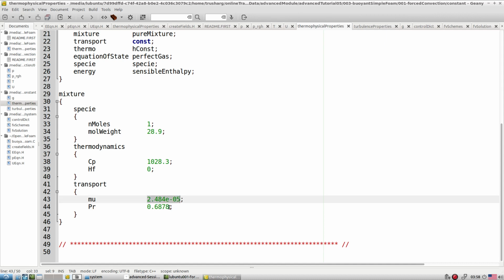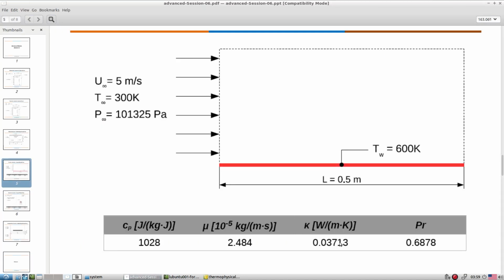Okay, so PR gives you nu by alpha, and alpha is K by rho Cp. Okay, so alpha you know, Cp you know, so you quantify the K, and K is supposed to be in this range. Definitely, based on that only we specify the alpha over there. Okay, so that is how one can tune all the parameters inside.